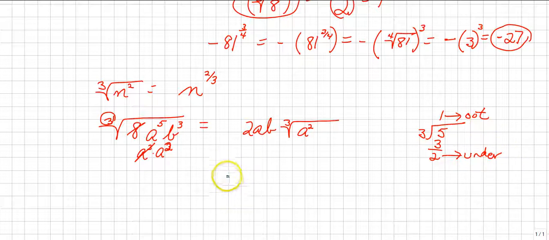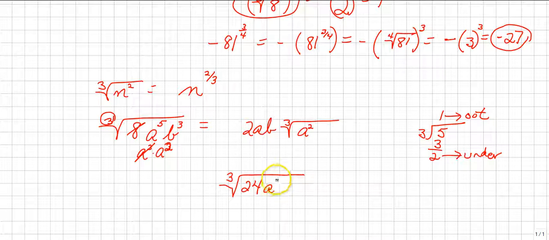Let's take another one like that. We'll use that shortcut. We'll do cube root again. Cube root of, let's say, 24a to the 7th, b to the 4th.